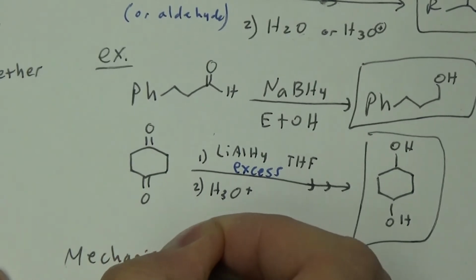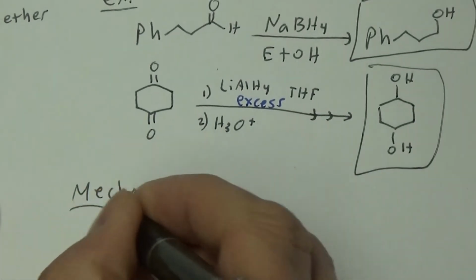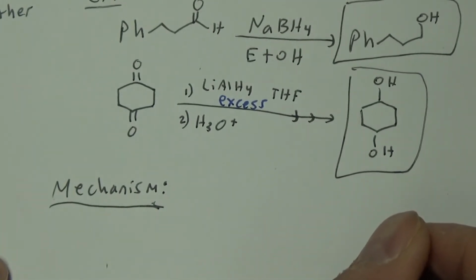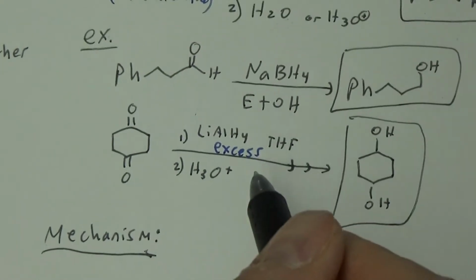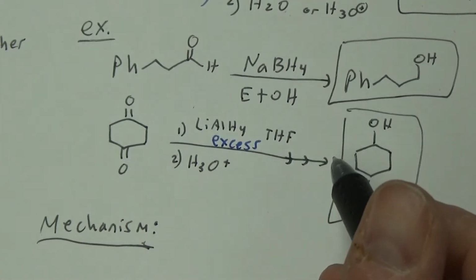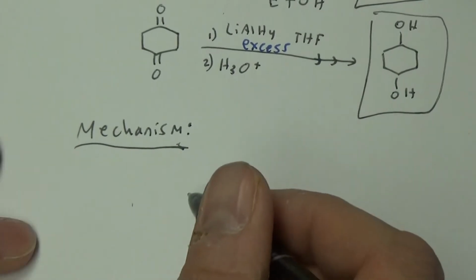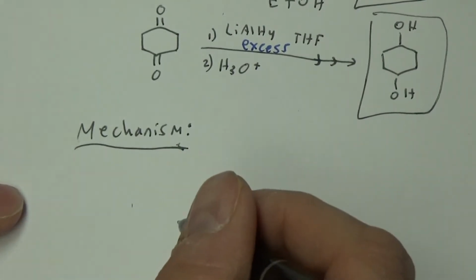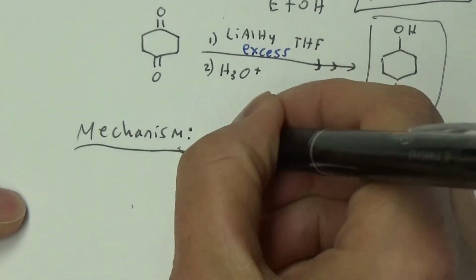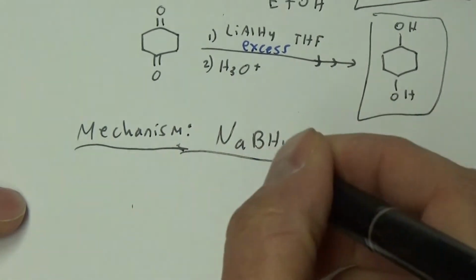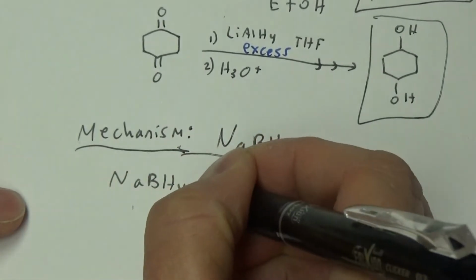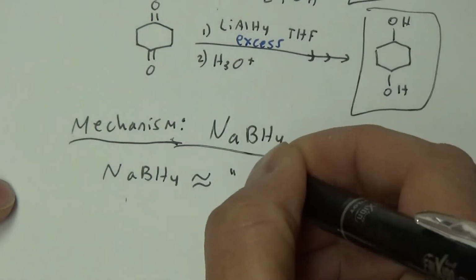I mentioned that index cards might be a good way to keep all these reactions straight, and I would probably have an index card for the NaBH4 reaction and an index card for the LiAlH4 reaction, and they're related, so they'd be in the same pile, or group them with a paper clip or something. Alright, so let's do the NaBH4 reaction. NaBH4 is kind of what we're going to call nucleophilic H-.